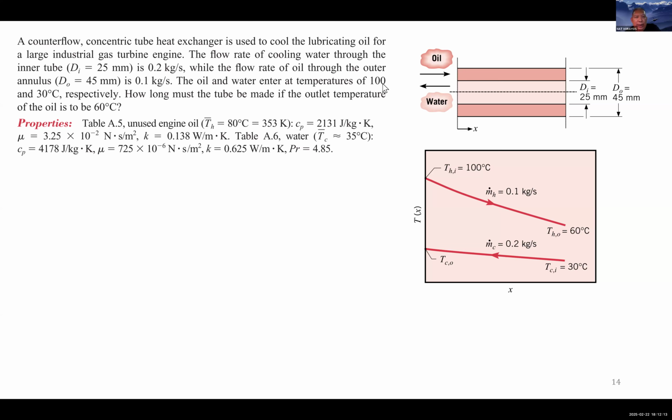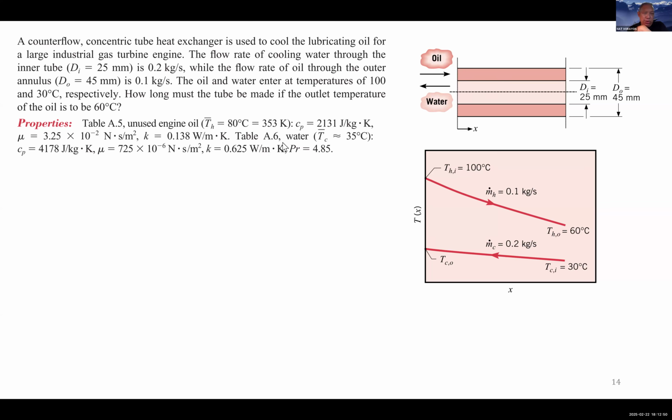You just add 100 with 60 and divide it by 2. You're going to have the average temperature of the hot fluid as this. Convert it into Kelvin, 353 Kelvin, and use this temperature to find the Cp, mu, k from the table, okay? Which is available in the appendix of the book.